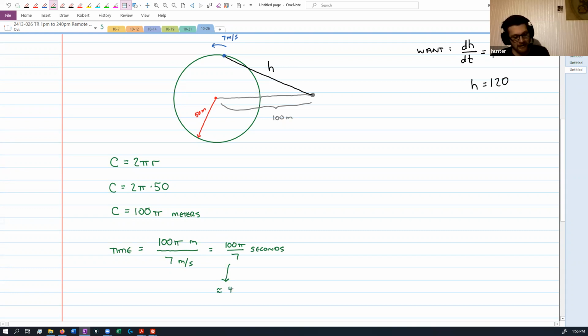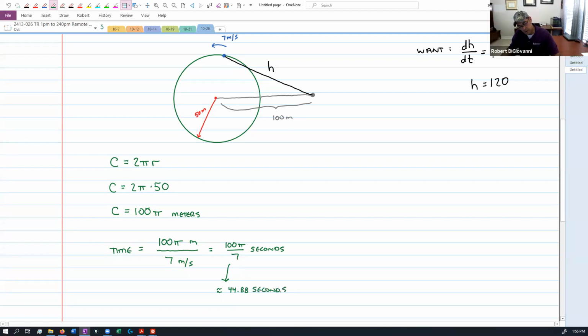It's 44.879, 44.888. Okay. Seconds. All right, so it takes her about 44.88 seconds to go around once. Y'all with me? To go around the track one time, one full revolution, takes 44.88 seconds, or 100 pi over 7 seconds.